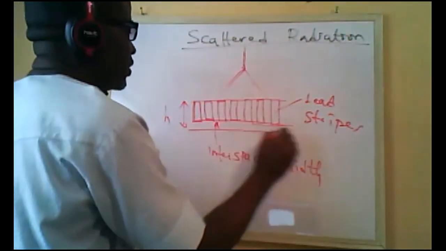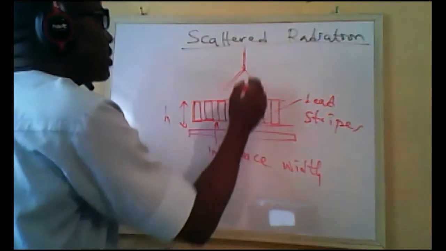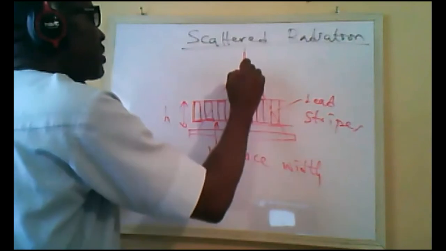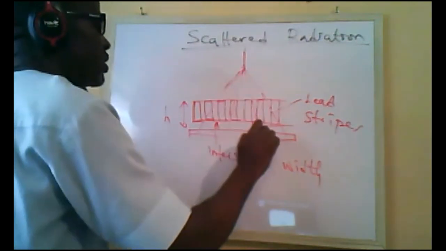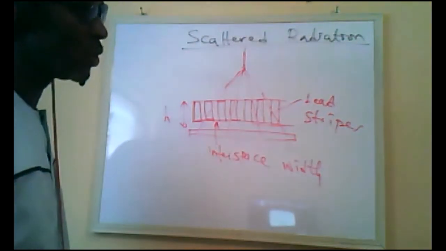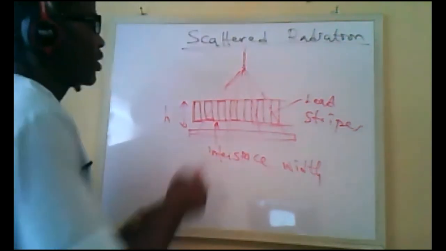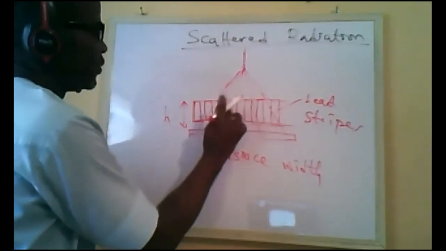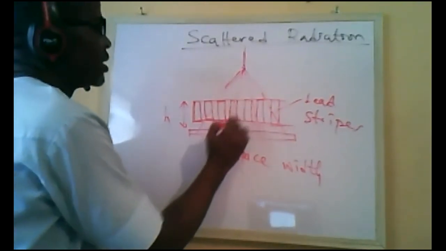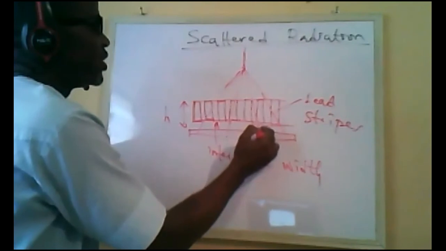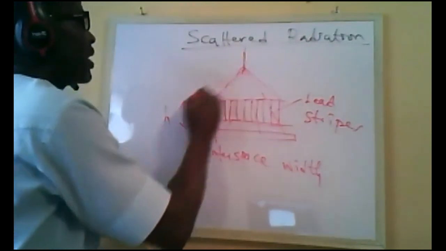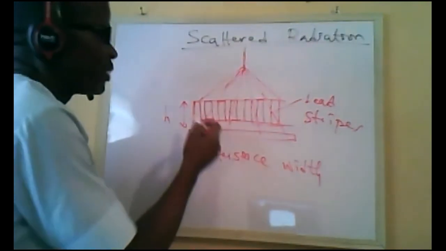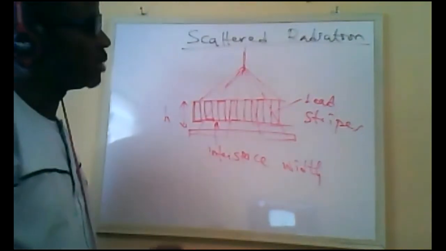If you don't have the grid, all of this will reach the photographic template or the cassette. But if you have this, only a few might reach it, whereas every other scattered photon will be absorbed by the lead.